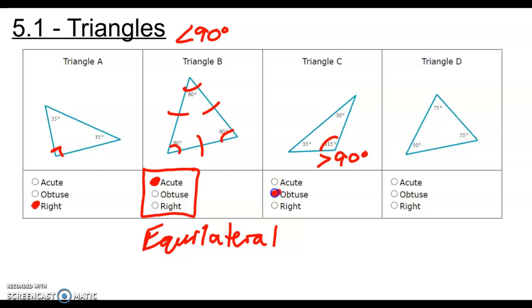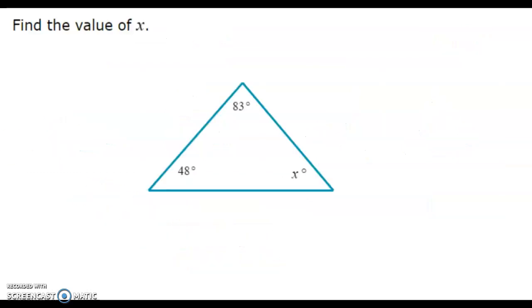That's going to make this an obtuse triangle. And then triangle D is also going to be an acute triangle because all three are less than 90. It's just not that special kind where we have the equilateral, where all three sides are the same.